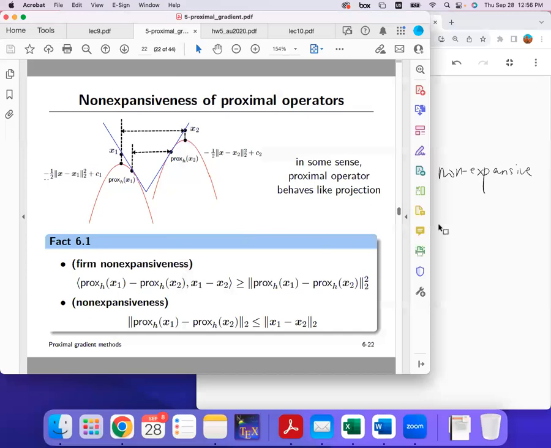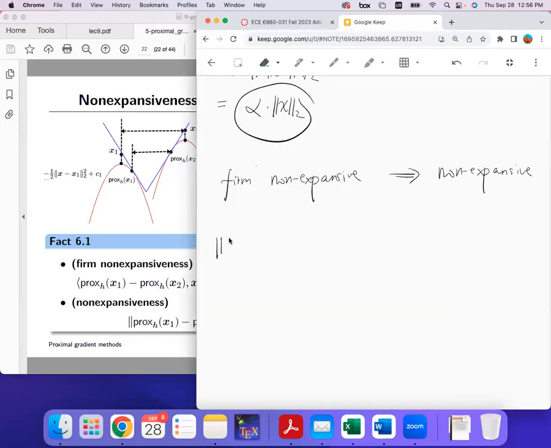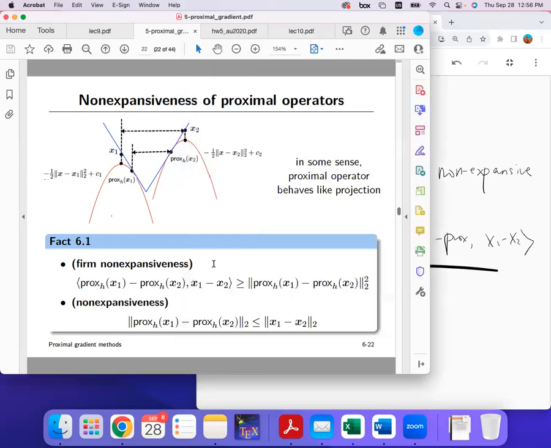This is because from firmly non-expansive, this is firmly non-expansive.